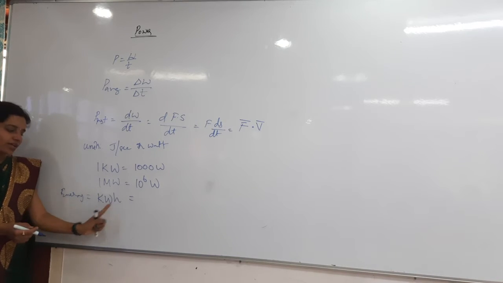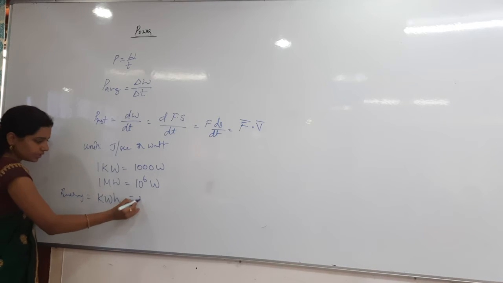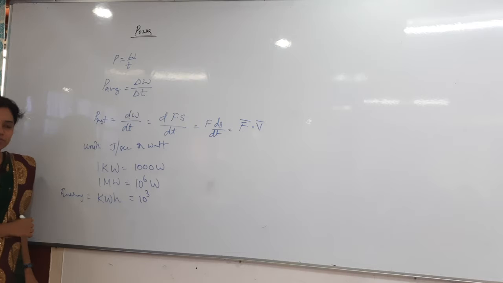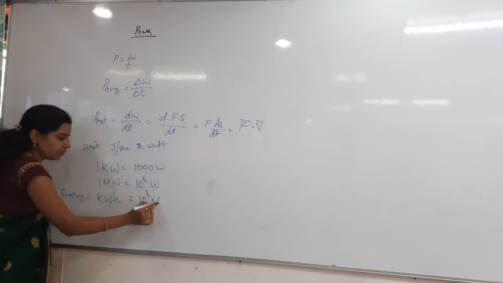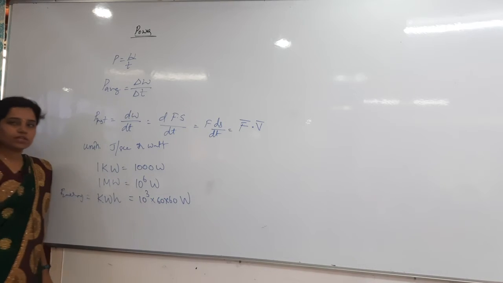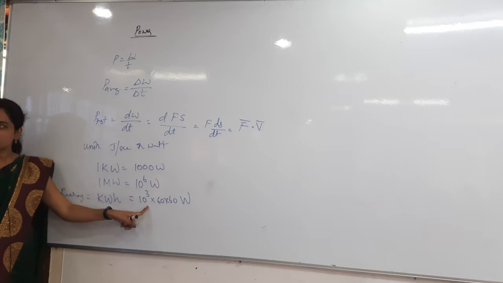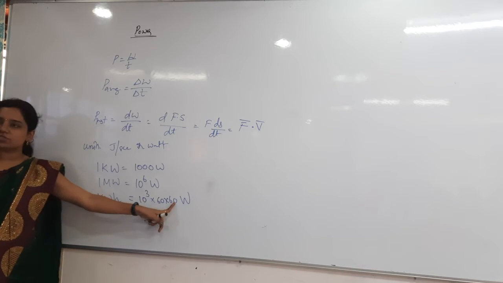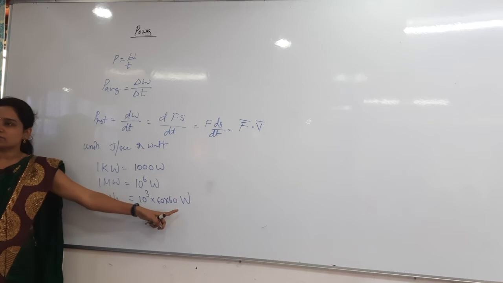So 1 kilowatt hour is equal to how much? See here, kilo is 10 power 3. Hour is 60 minutes, and each minute has 60 seconds. Then only watt is remaining here. So 1 kilo is 10 power 3, 1 hour is 60 into 60, 60 minutes into 60 seconds, and watt remains as it is.